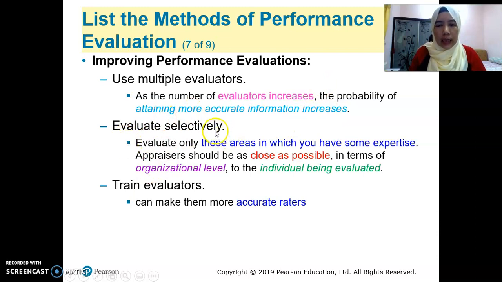Another way to improve performance evaluation is to evaluate the employees selectively. Sorry, I've been using the word candidates. Candidate is not suitable because the employees already got hired, so it's no longer candidate. So it's better to use employees.